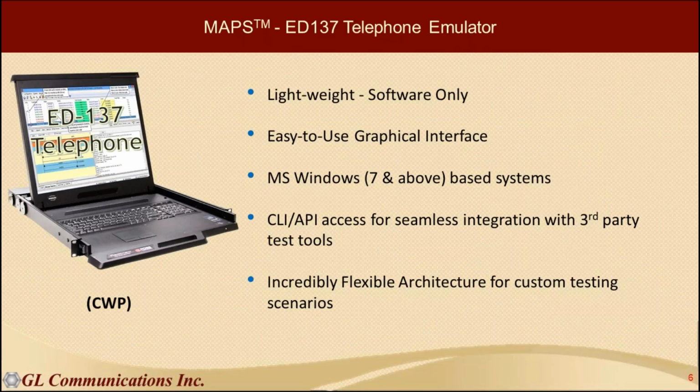So first one is the MAPS ED137 telephone emulator. It's a lightweight software-only product supported on Windows 7 and above operating systems. It has very easy to configure and use graphical interfaces, and it also supports the Python client.